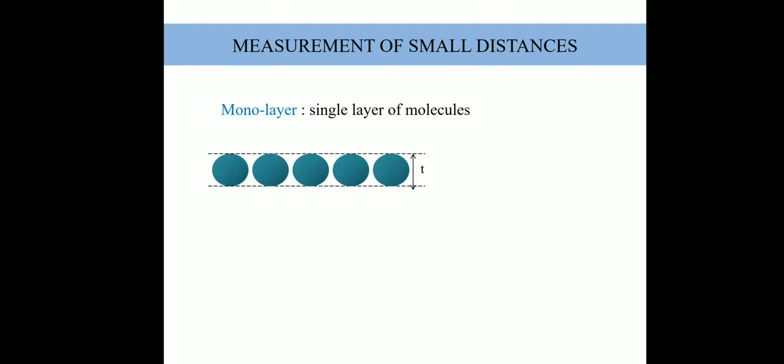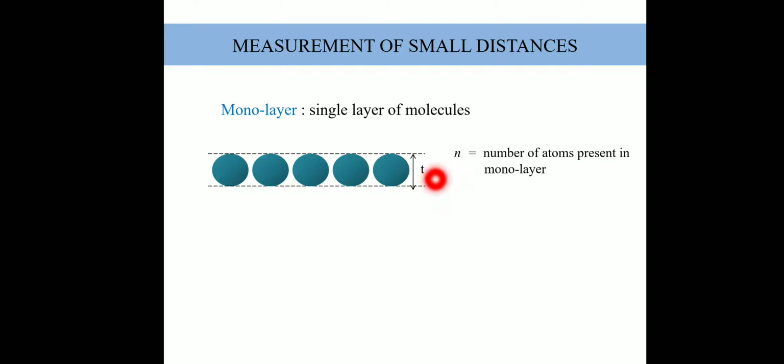Somehow we calculate the thickness of this single layer of molecules, and let's say in this layer there are n number of molecules, could be 10, could be 100, could be 1,000, and could be 10,000. So all these n molecules are present.